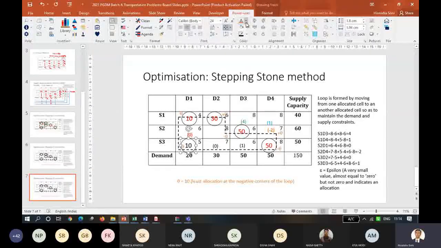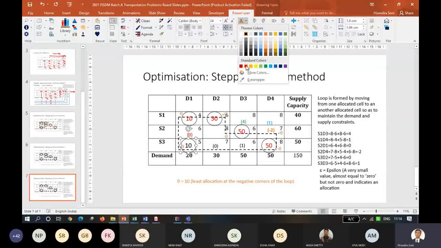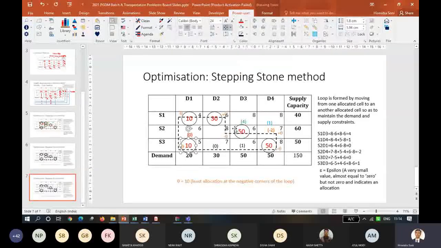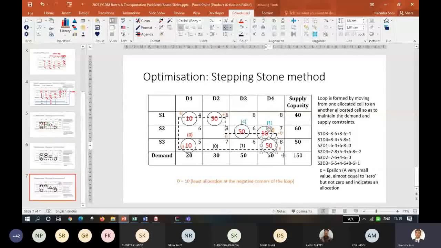Then this is 30. Nothing will happen to this because it is an in-between cell. Here you will have 10 because there was no allocation, so no allocation plus 10 gives 10. And 50 minus 10 becomes 40. So this becomes your new allocation.